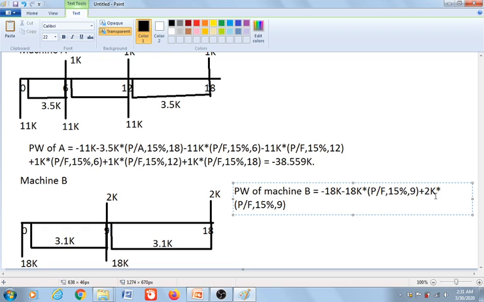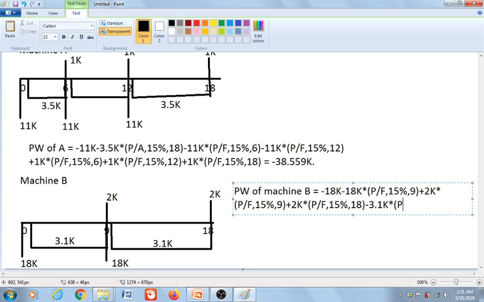I have 2k, and I will have another 2k times P over F, 15%, 18, and then minus 3.1k, that's the annual cost, and that happened from year 1 till the end of year 18.